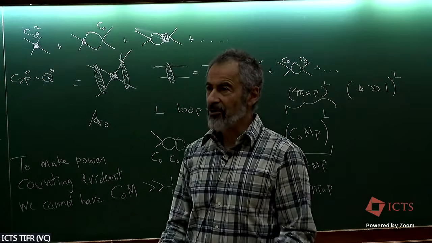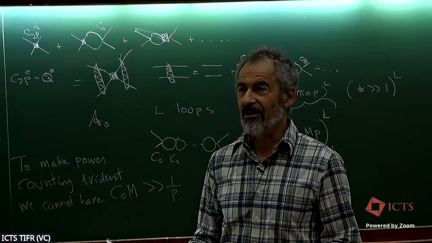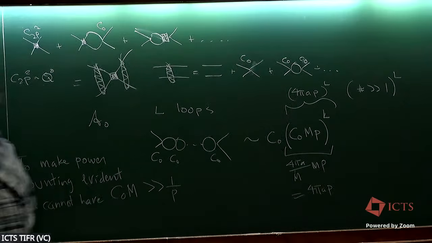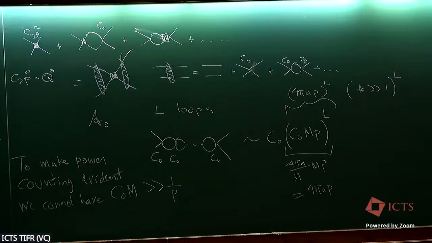But we have to remember, C0 is not a physical thing, right? Remember here, I told you we were working in the MS scheme. What does a scheme do? It shifts the contribution from the ultraviolet part of the loop back and forth between that and the contact term. They're always coming together.